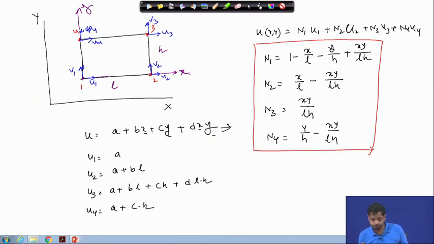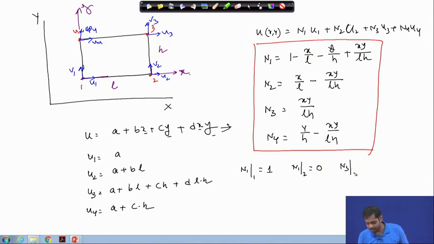Now, you can quickly verify what is n1. Suppose n1 at node 1, where x is equal to 0, y is equal to 0, becomes 1. N1 at node 2, where x is equal to L, y is equal to 0: if I substitute, it is 1 minus 1, which becomes 0.